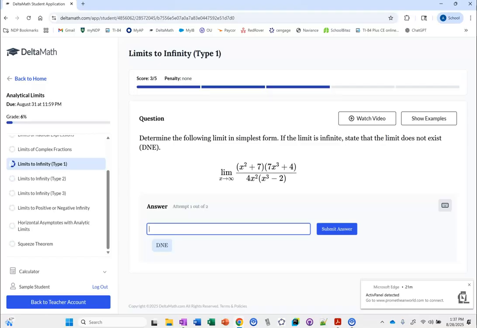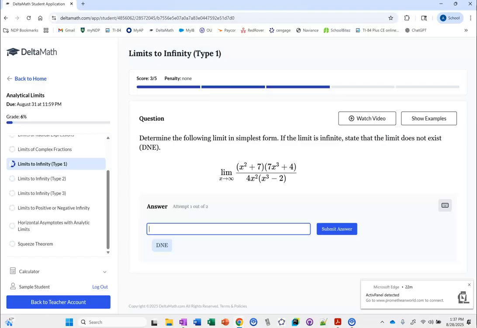Yeah, it might. I would probably want you to write does not exist though. Unfortunately, it's a matter of preference early on whether we define a limit existing when it goes to infinity or negative infinity. In the beginning, many places will say that those limits do not exist because they're not finite.